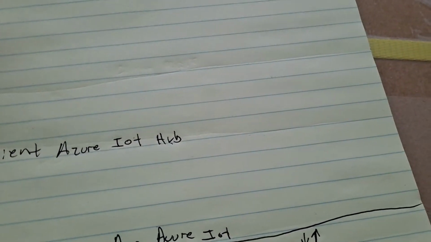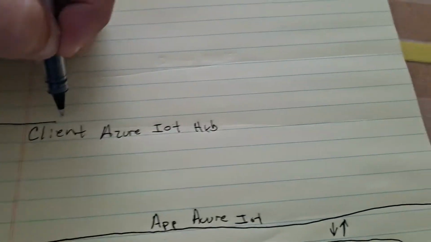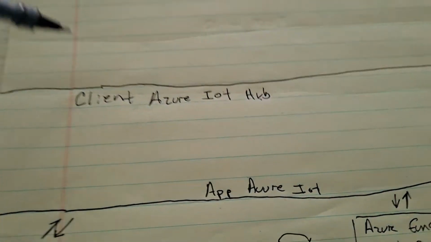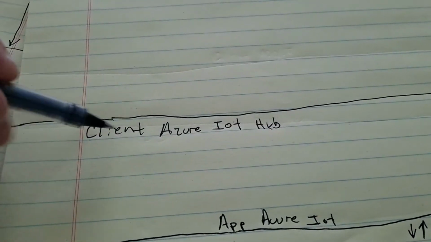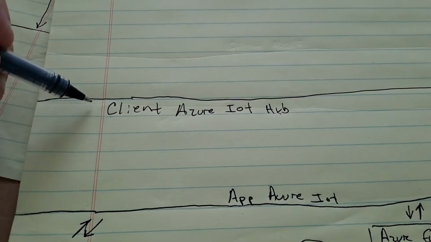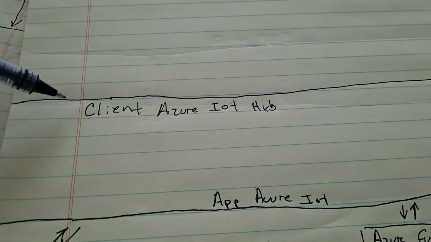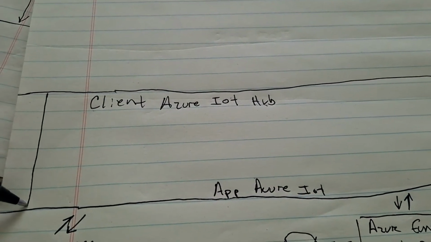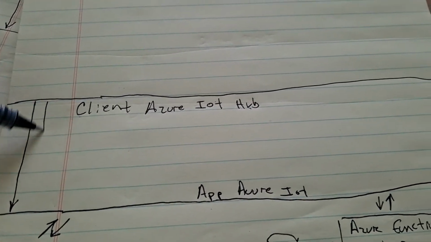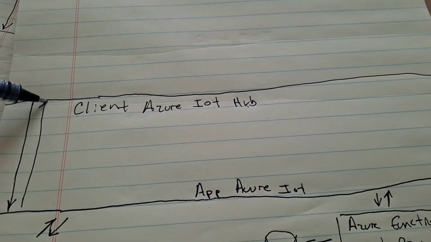So the client has their own actual IoT Hub, and they own their data from the devices. Their devices primarily are going to pump messages onto their IoT Hub. And then I think there's a couple ways, but I want this IoT Hub to drop messages onto mine, and vice versa for commands.